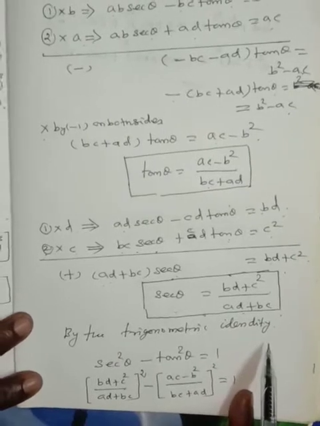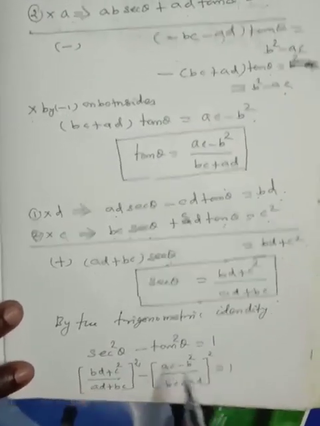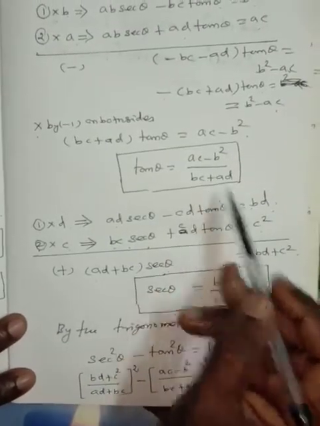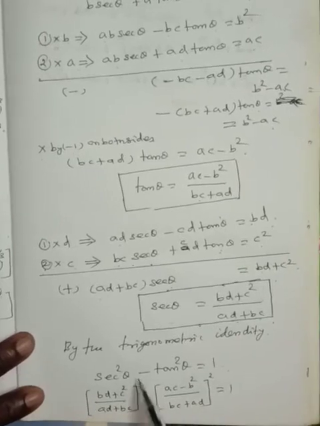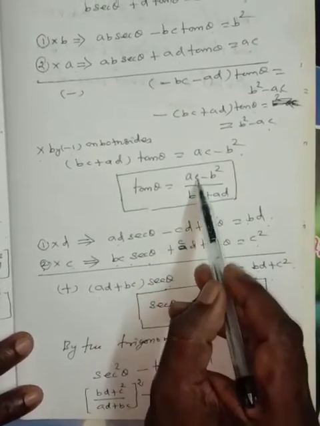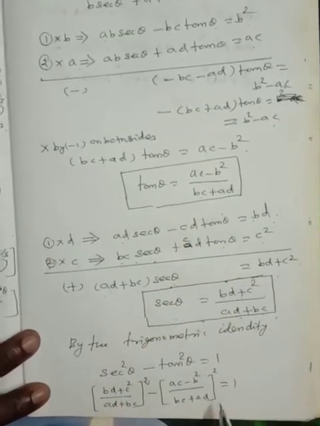By the trigonometric identity, secant square theta minus tan square theta is equal to 1. So secant square theta is bd plus c square whole divided by ad plus bc whole square minus tan theta is ac minus b square divided by bc plus ad whole square is equal to 1.